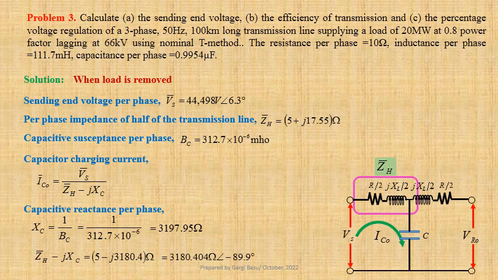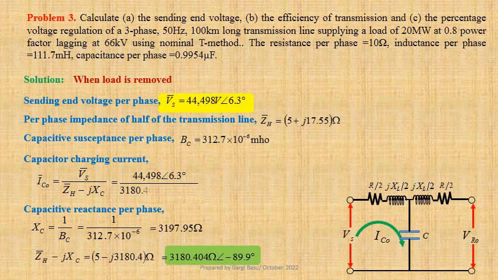Using values we get ICO equals to 44,498 at an angle 6.3 degree divided by 3180.404 at an angle minus 89.9 degree. That gives us 13.9913 ampere at an angle 96.2 degree.